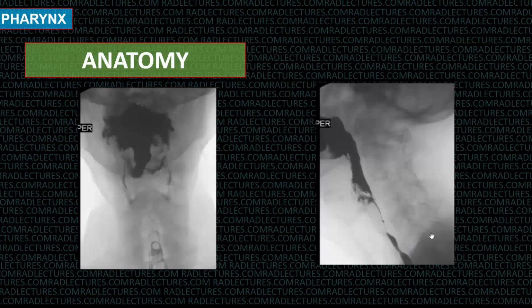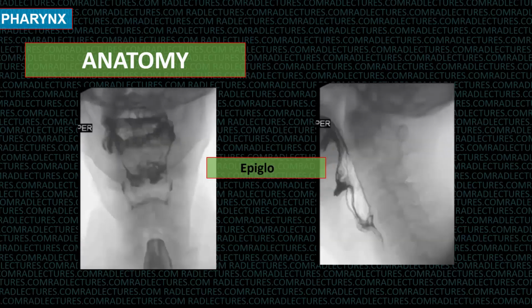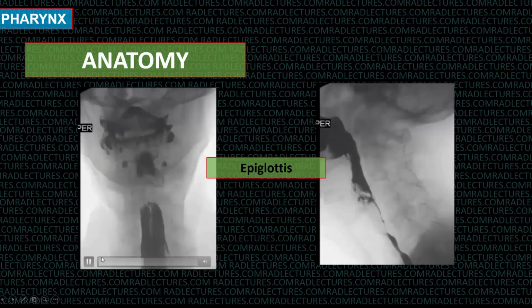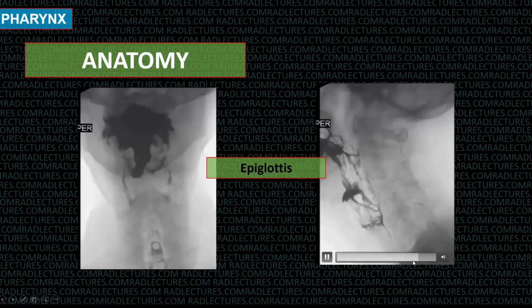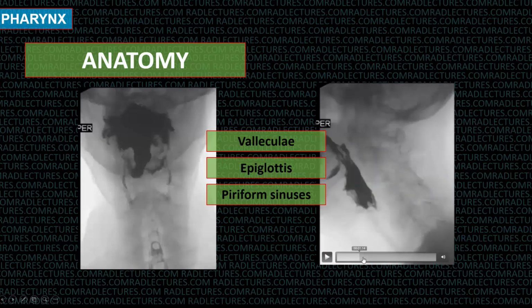All right, so next we go on to the anatomy of the pharynx. And in this, basically, you have to know three things. One is the epiglottis, second is the valleculae, and the third is the piriform sinus. Now, epiglottis is seen as a structure that is curved upwards on the lateral view.